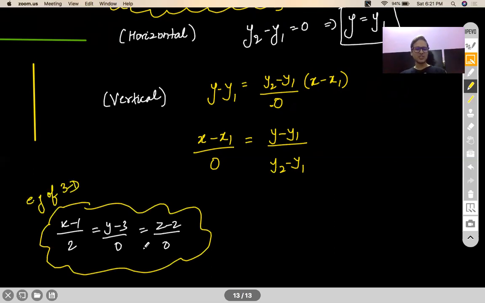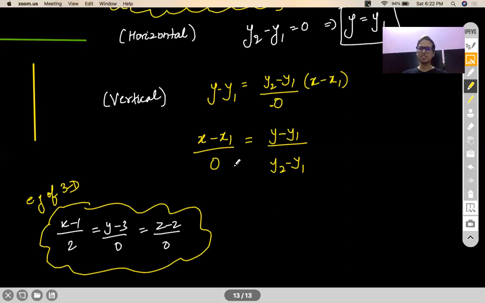It means that on that line, the y value will always be fixed at 3 and the z value will always be fixed at 2. The x coordinate will keep changing. So this is symbolically accepted in the field of coordinate geometry. I'm not doing any operation with the 0 over here. I'm just symbolizing it. Are you getting my point?